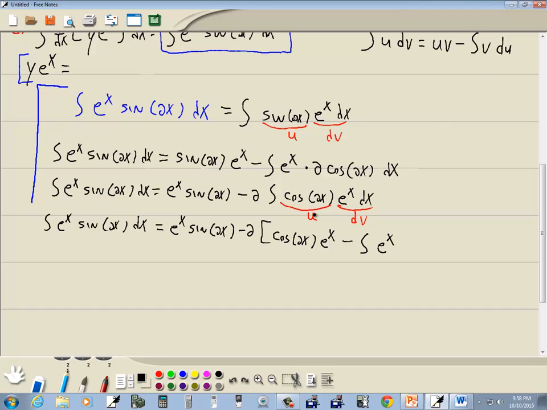Well, the derivative of cosine is negative sine, and since we have a 2x in there, we have to apply a chain rule, and so the derivative of 2x is 2. So this is really minus the integral of v and then du, so that'll be a negative sine 2x times 2 dx.